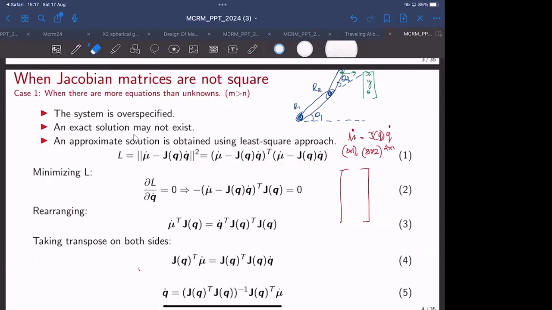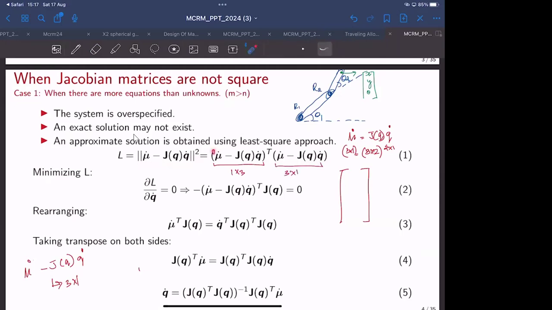Like for example, if this entire vector, mu dot minus J of Q multiplied by Q dot, is 3 cross 1, I'll write this over here. Mu dot minus J of Q times Q dot. The size of this entire vector is 3 cross 1, right? So that makes the size of the transpose 1 cross 3, and this 3 cross 1, right?